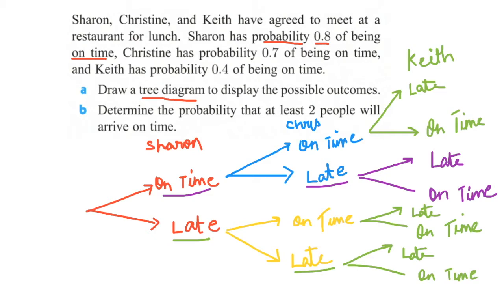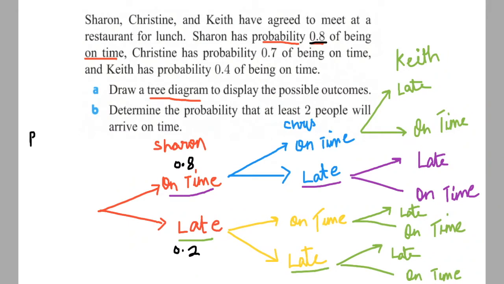Now I'm going to write the probabilities for all this. So Sharon has probability 0.8 of being on time. So I will mention 0.8 here. Total of Sharon being on time or being late should be 1.